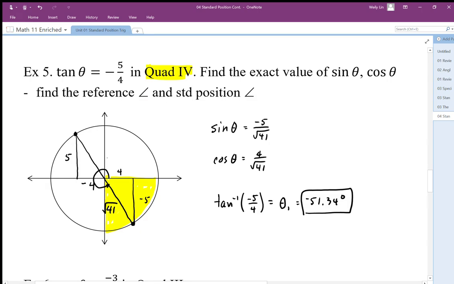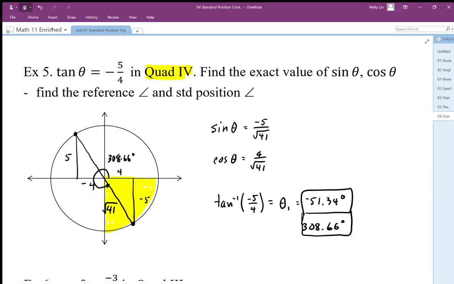So my positive value is going to be 308.66 degrees. So these are equivalent positions. One is just the positive version of the other. So these are the same. Okay, these are both θ1.